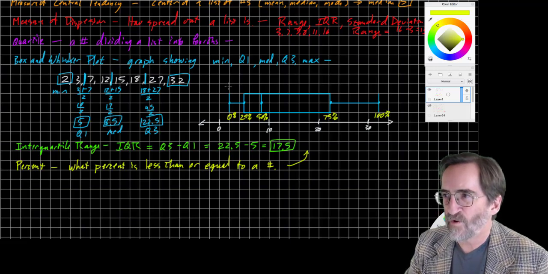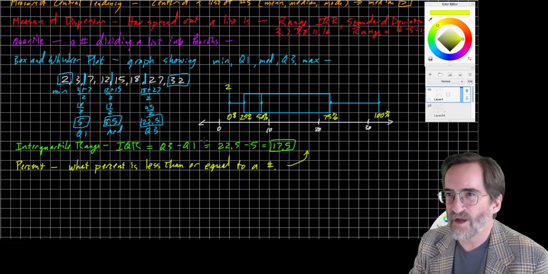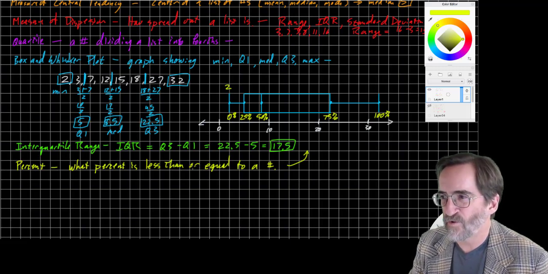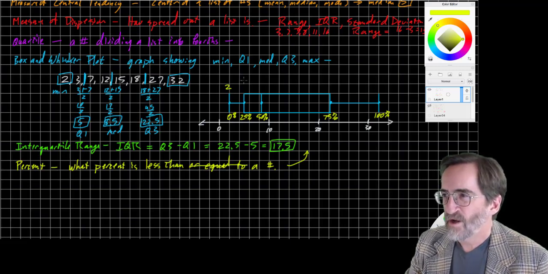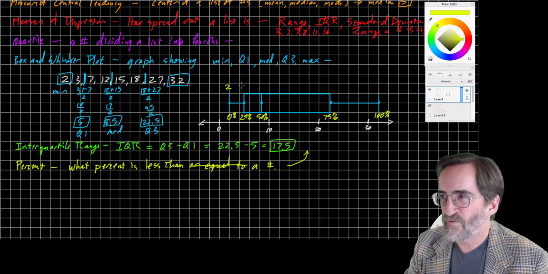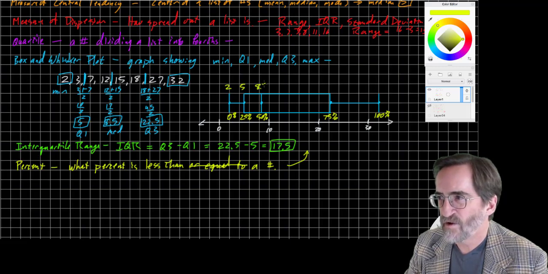Because for 2, 0% is less, absolutely less than, not or equal to. The number 5, 25% are less than that. The number 8.5, 50% are less than that.